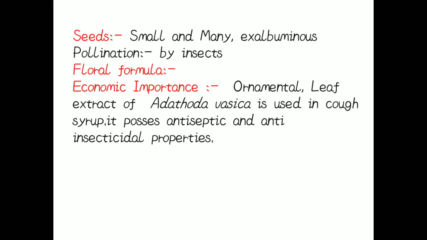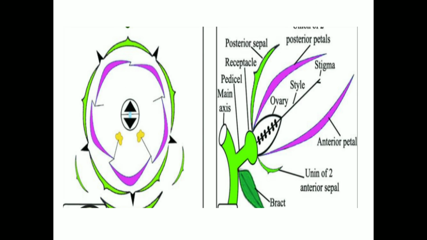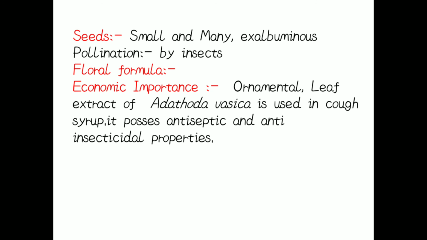Leaf extract of Adhatoda vasica, one of the plants included in this family, is used in cough syrup. It possesses antiseptic and anti-insecticidal properties. So friends, we have discussed the economic importance of this family.